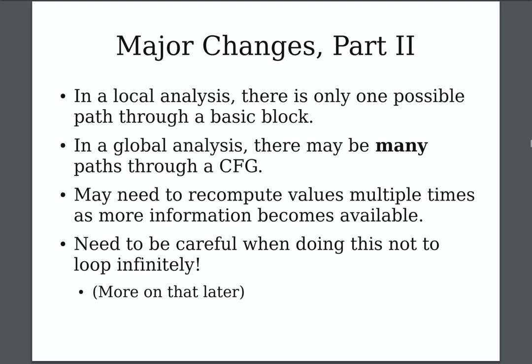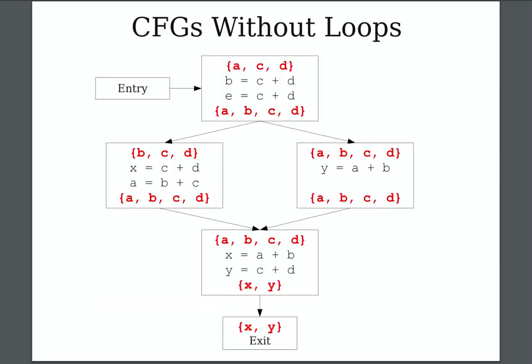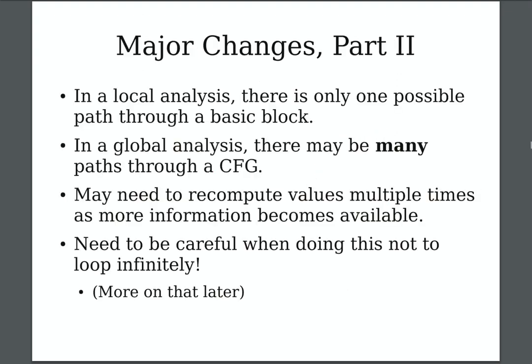So it turns out that, especially when there are loops, you may need to recompute the information for a basic block. So even though we had computed the live variables for this basic block, we had to recompute it when we had updated information from one of its successors.